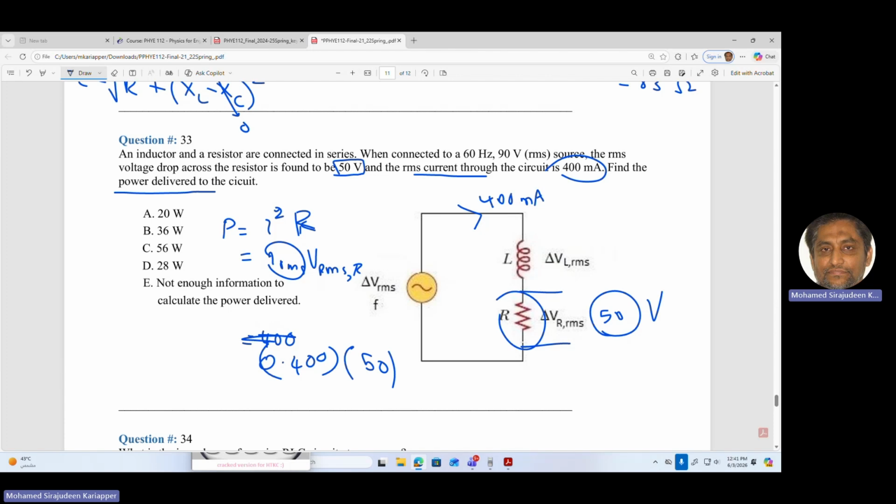Of course, we have extra data. They are the same, but we don't have the R. So we have to go for this equation. There's no square there. IRMS multiplied by VRMS, which is 20.